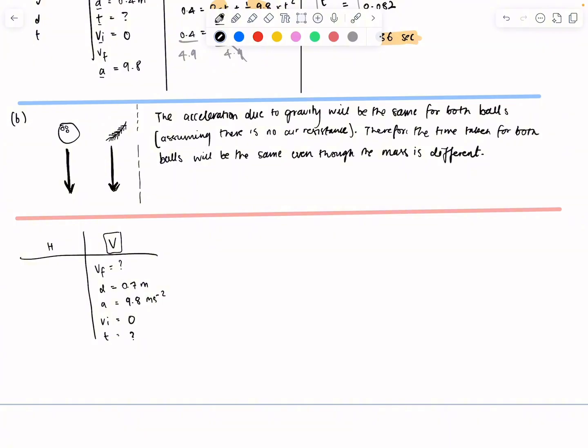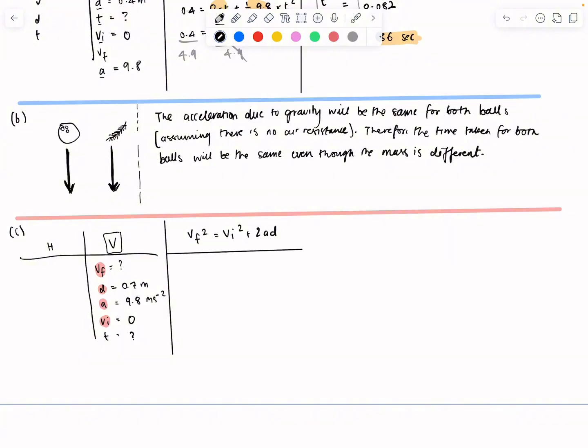So based on these values here, what is the most appropriate kinematics equation to use? Give you a chance to see what you use. So I reckon it would be safe to use this kinematics equation right over here: VF squared equals VI squared plus 2AD.